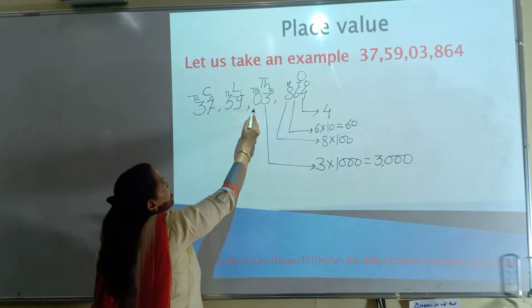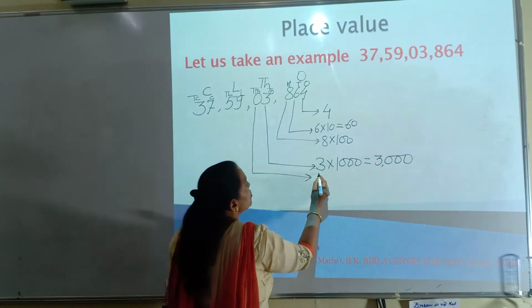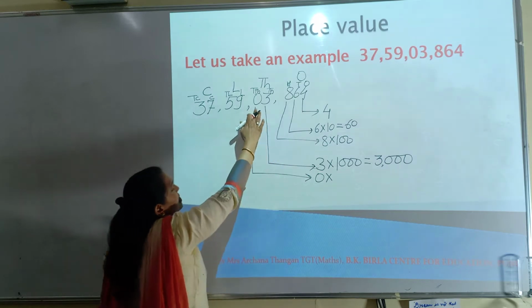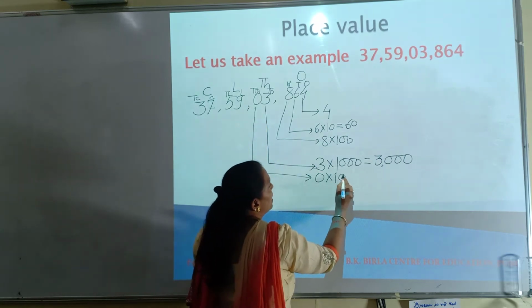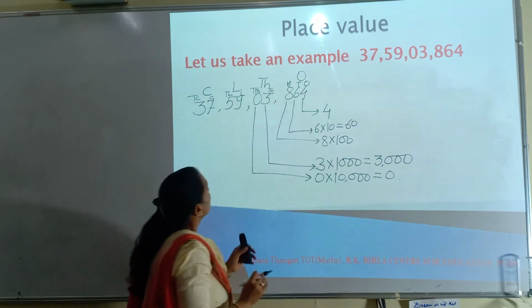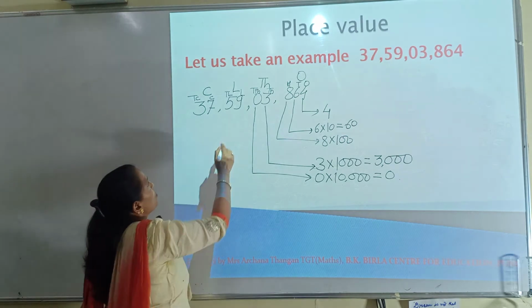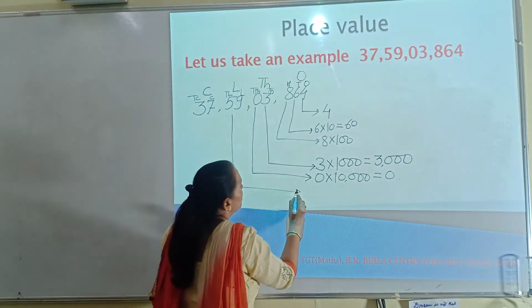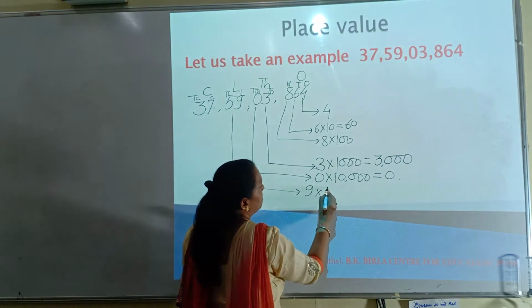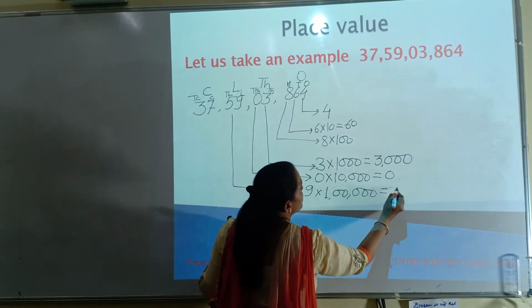Next, we have a 0. 0 multiplied by any number is 0. So, 0 is on which place? Ten thousands. 0 multiplied by 10,000, the answer is 0. Next, we have a 9. 9 is on lakhs place. So, 9 multiplied by lakh, it is 9 lakh.